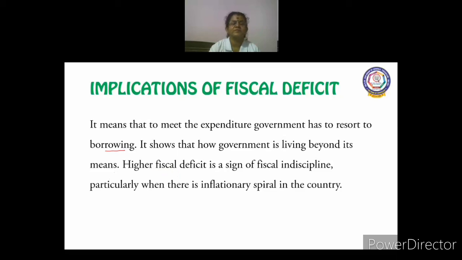Higher fiscal deficit is a sign of fiscal indiscipline, particularly when there is inflationary spiral in the country. So this leads to higher price in the economy and it leads to high interest. It is totally an inflationary spiral.